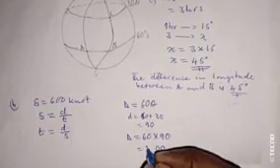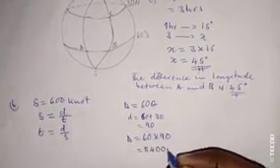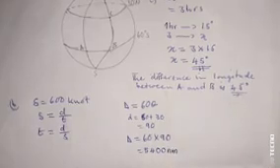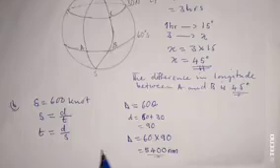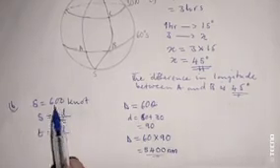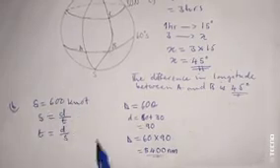So it's 5400 nautical miles. Now we replace the distance here, and where there is speed we replace it by 600.